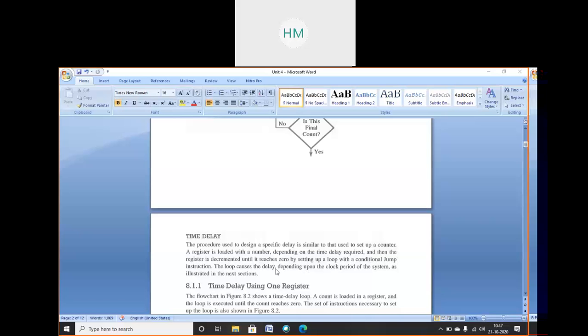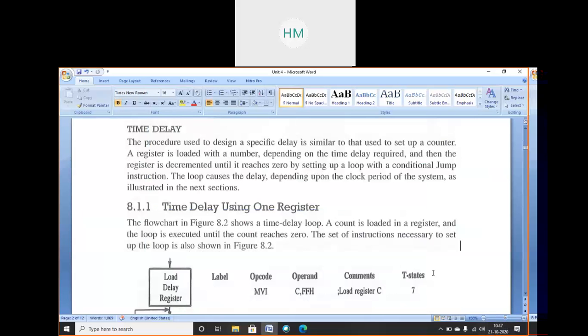A register is loaded with a number depending on the time delay required, and then the register is decremented until it reaches 0. See, counter and time delay is one and the same thing, students. Not a big difference in that. It reaches 0 by setting up a loop with a conditional jump instruction. The loop causes the delay depending upon the clock period of the system, as illustrated in the next sections.